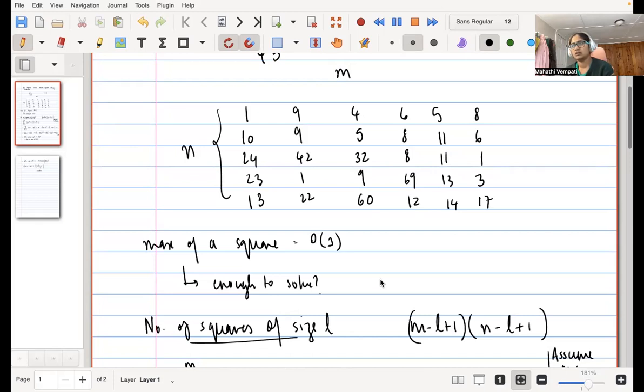What are like the constraints or like constants here? Hmm.